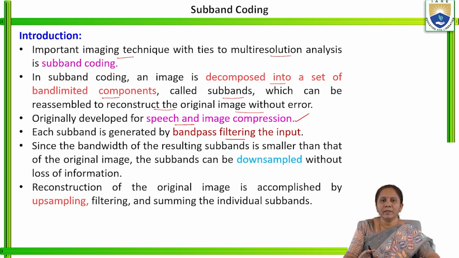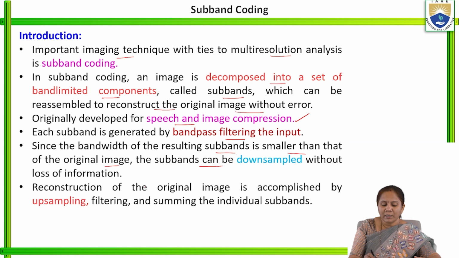The input is given to the bandpass filter, and the filter divides it into several limited subbands. Since the bandwidth of the resulting subbands is smaller, each subband size is limited, and due to that reason we will not have any errors.